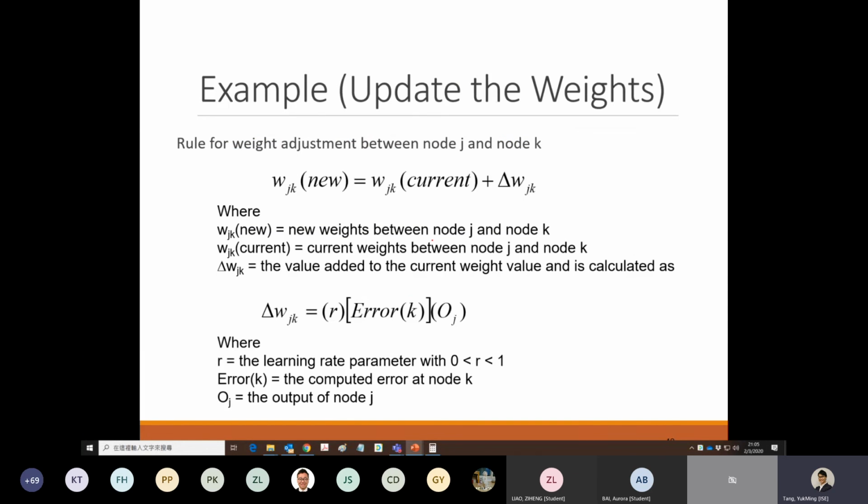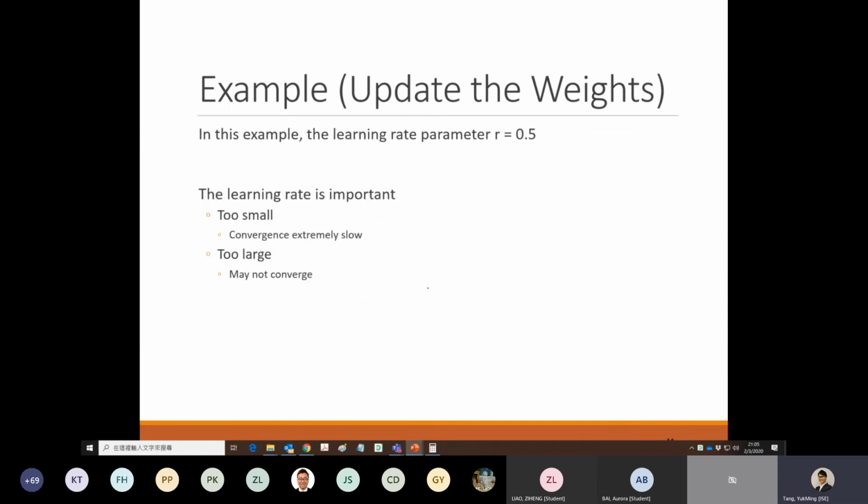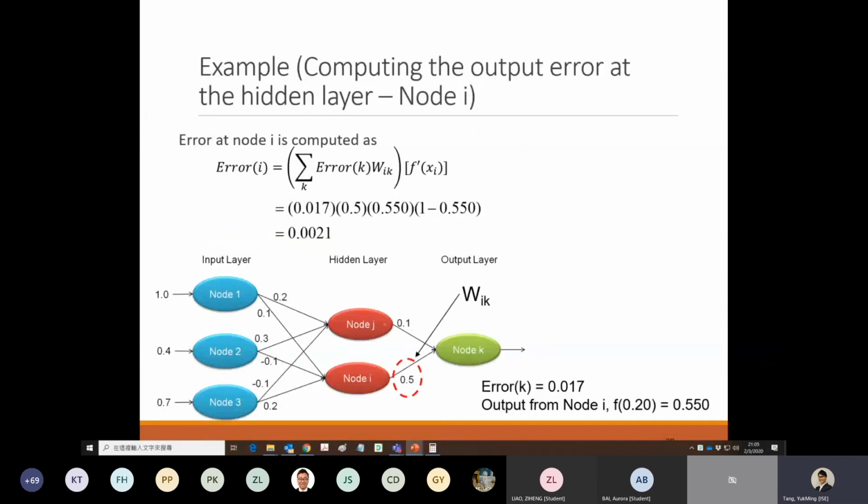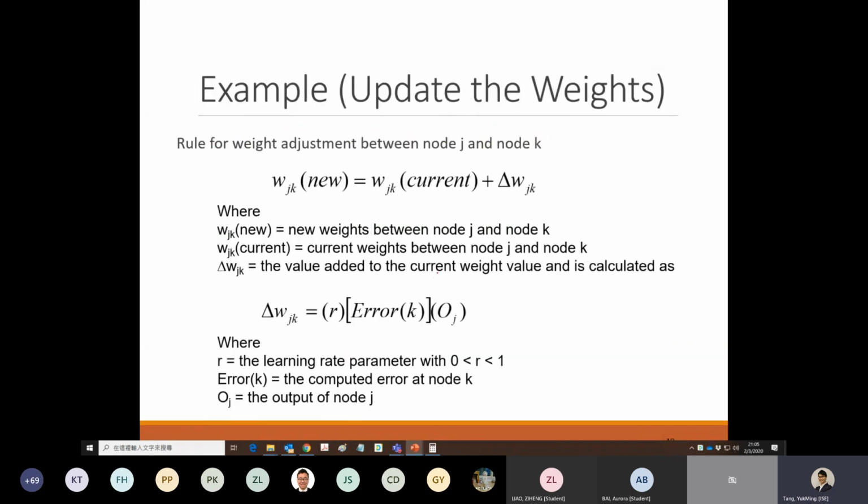After we calculate the error for loop J, the error for loop I, and the error for loop K, what you need to do next is to update this value. How can we update the value? In order to update the value, we need to use this equation.